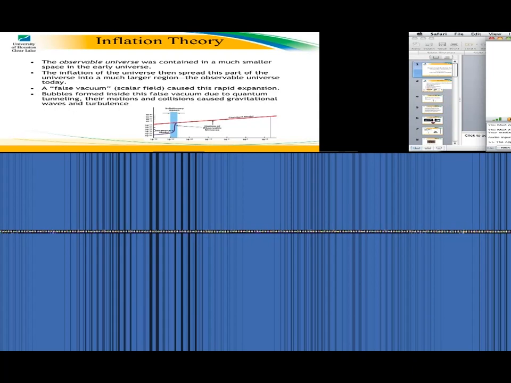So within the scalar field, you might have bubbles of real vacuum. And eventually, as things cool down, the bubbles would collide and expand, and over time, this led to a phase transition where you went from having a scalar field false-vacuum dominated universe to having a real vacuum. And that was sort of when the expansion ended.